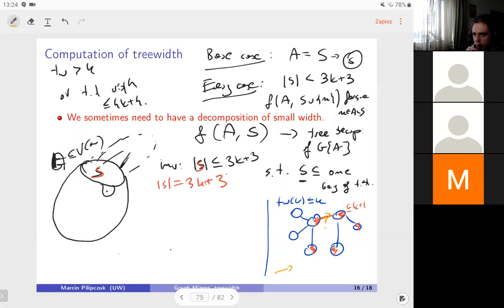This will be an orientation of the tree. If this edge is like that, then of course this edge needs to be like that, since there are even more vertices in this direction up there. So this is really an in-branching orientation, so there's a node of out-degree 0.